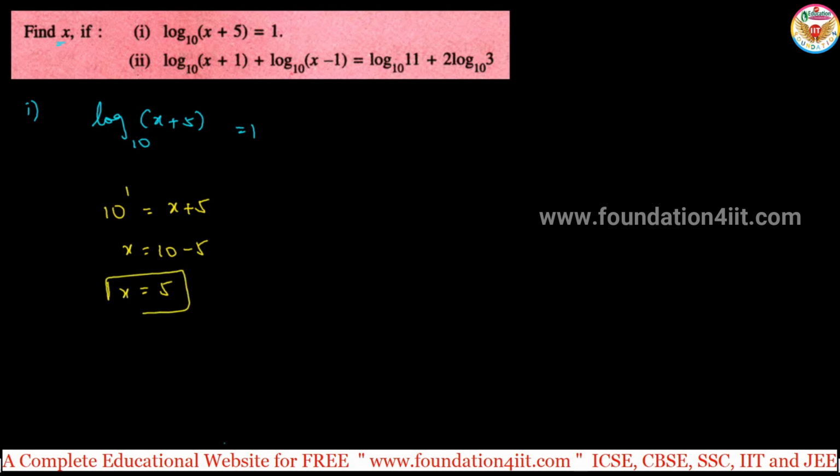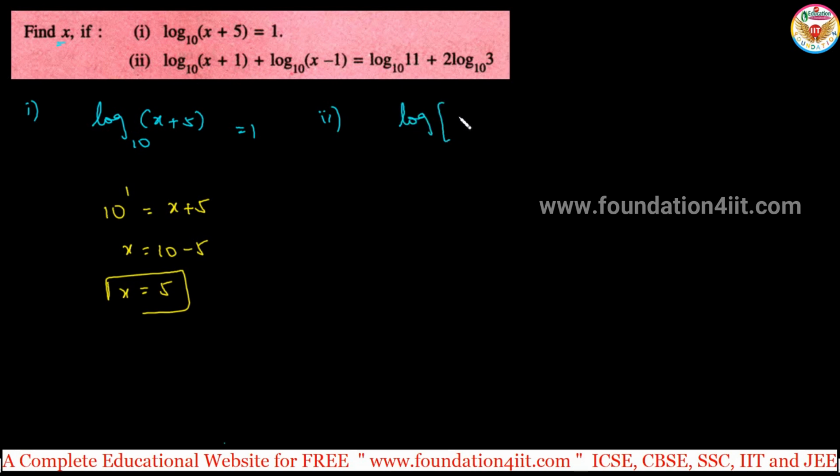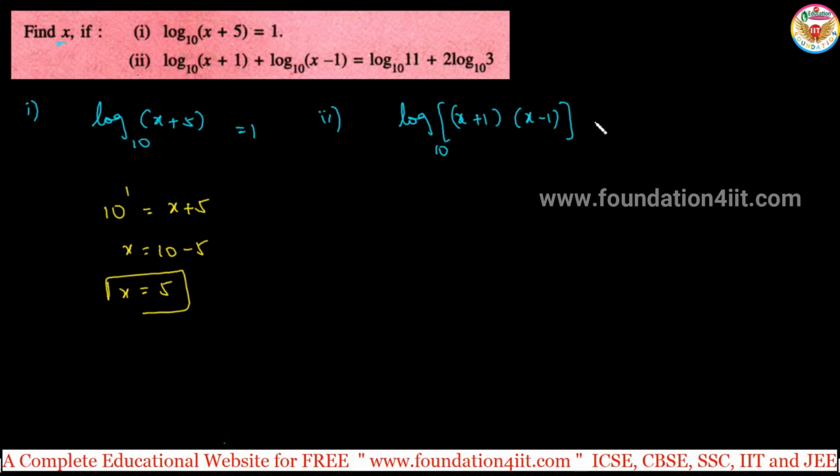Right. Second one: log of x plus 1 to the base 10 plus log of x minus 1 to the base 10. So LHS, that is log of x plus 1 into x minus 1 to the base 10, using log m plus log n equals log mn formula.